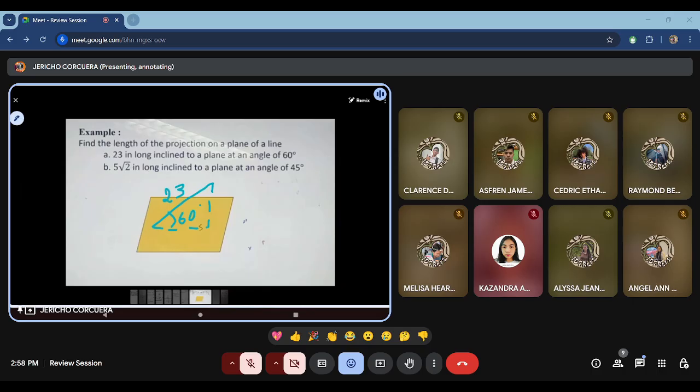So to find the length of the projection on the plane of a line, we have 60 degrees here, and the projection is adjacent to the angle of 60 degrees. So we are looking for the length of the projection. We make use of cosine 60 degrees is equal to, okay, let's label this one as x.